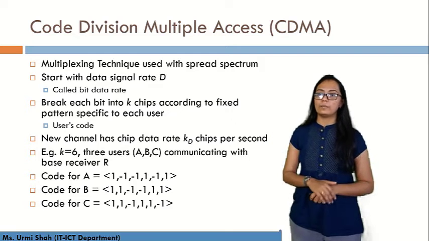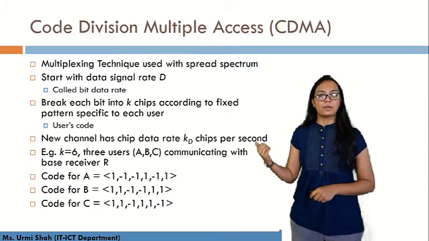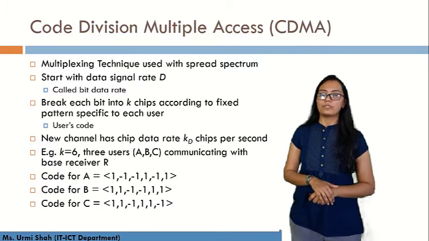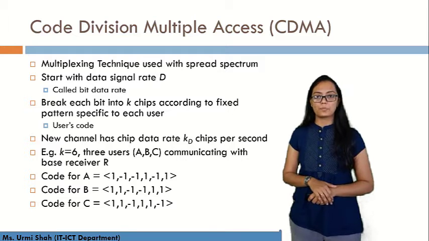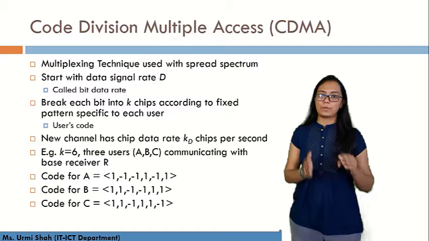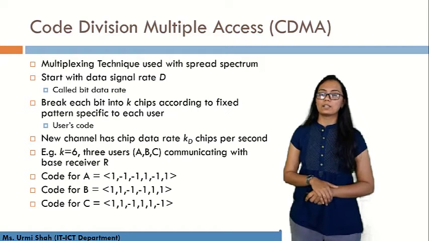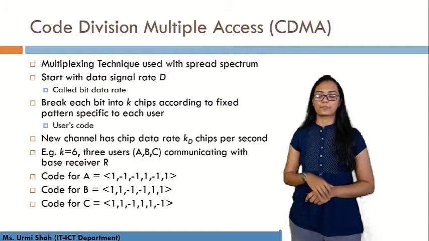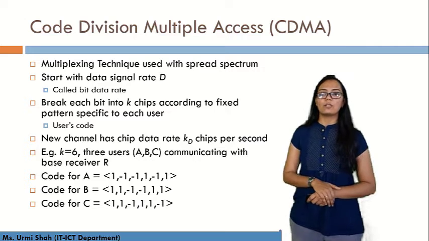The start will be from the data signal rate, called the bit data rate. Each bit is broken into k chips according to a fixed pattern, in a specific order given to each user.